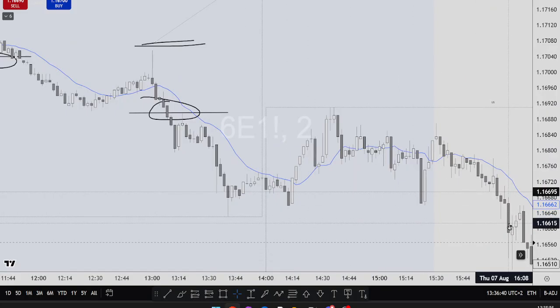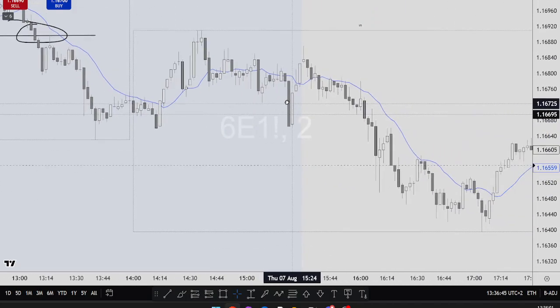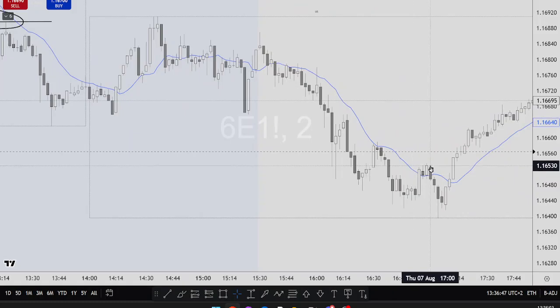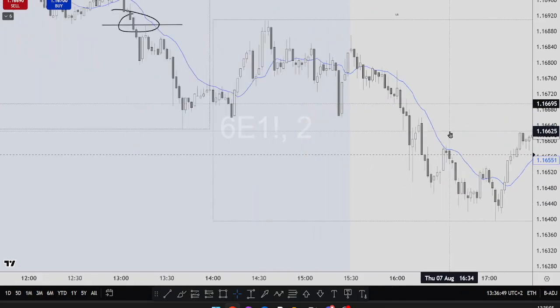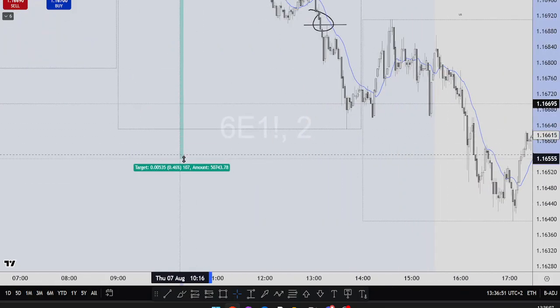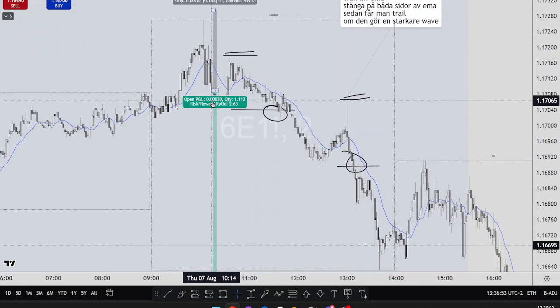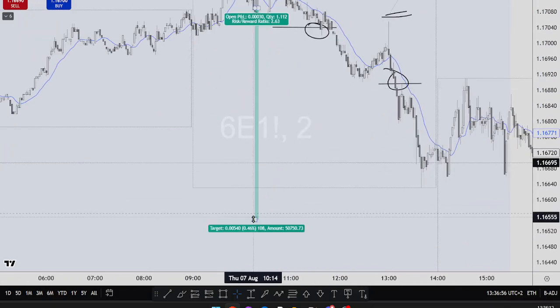Somewhere down here, at 4 o'clock, I could trail even further, and we have higher and we have lower, and I'm only trailing it. We would have this trade instead, 2.6. But that's another story.